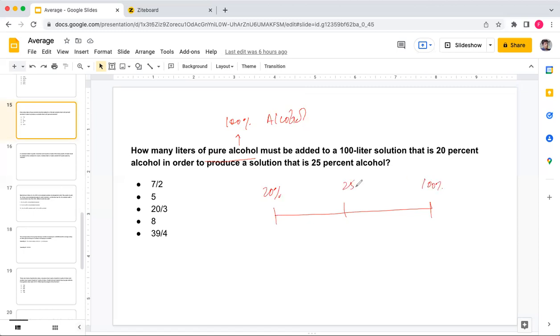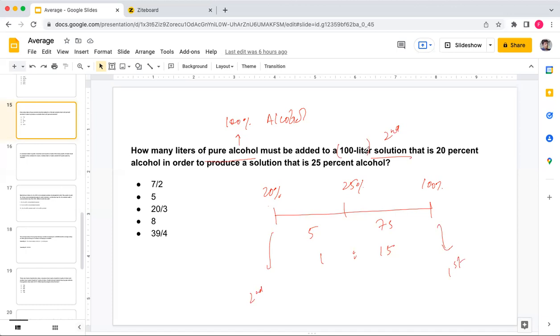Our average is 25%. So this is 5 and this is 75. What is the ratio? This is 1:15, right? Let's call this the second solution, and this is the first one with 100% alcohol. We are given that the second solution is 100 liters.